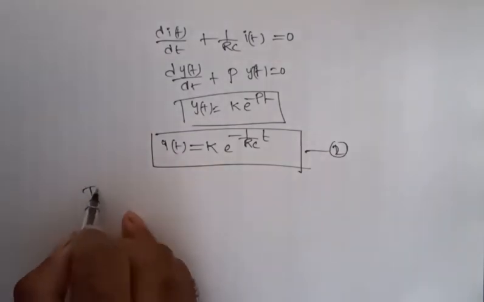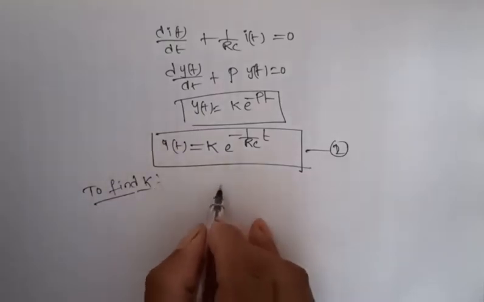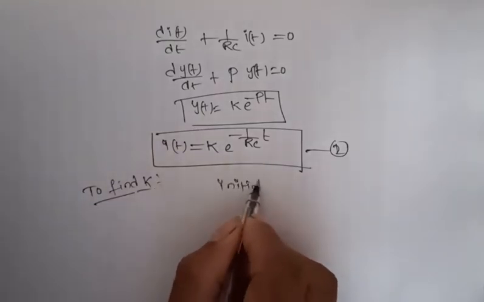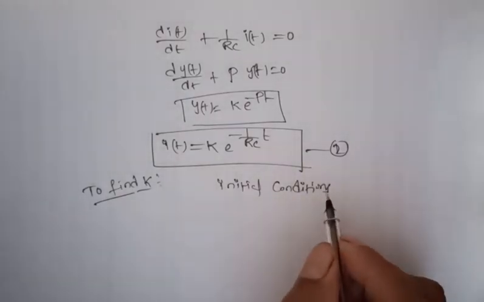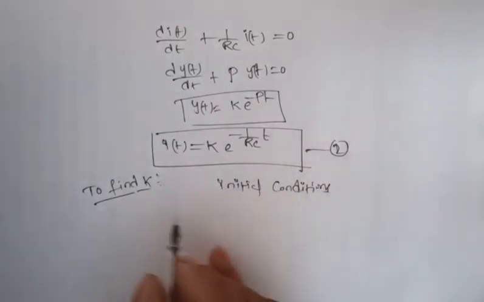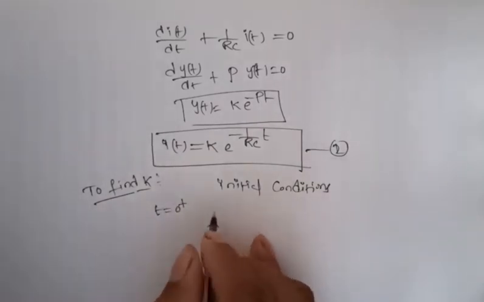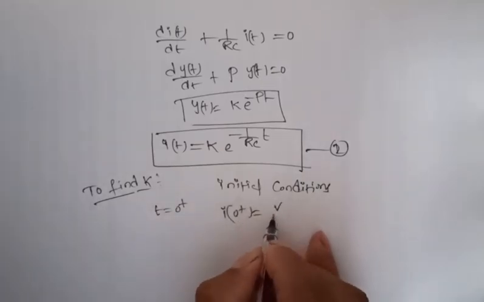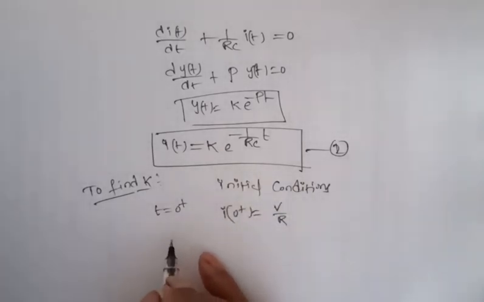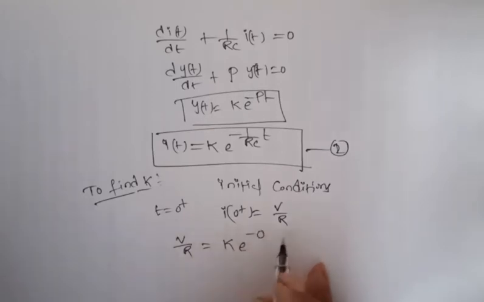Now we have to find constant k. For that we have to use the initial conditions. So how can you use the initial conditions to get the k value? So at t equal to 0 plus, we know that i(0 plus) is equal to V by R. So if you substitute these conditions in this equation, V by R is equal to k into e power minus 0.